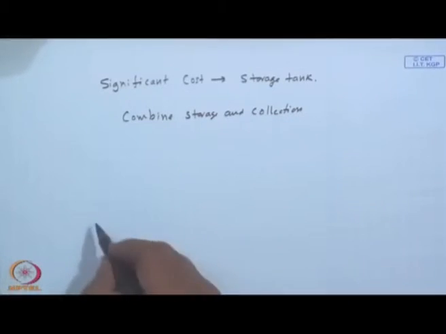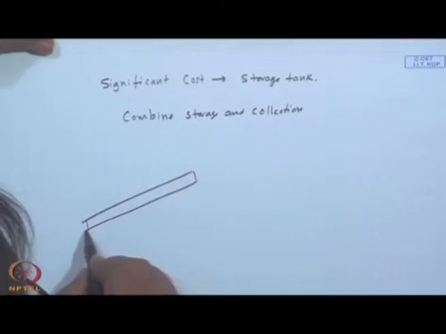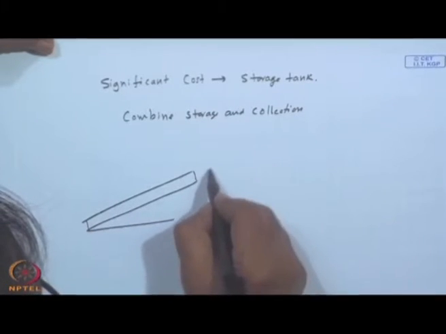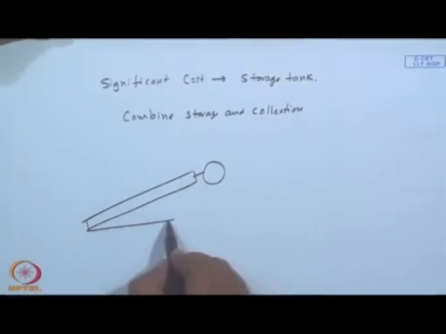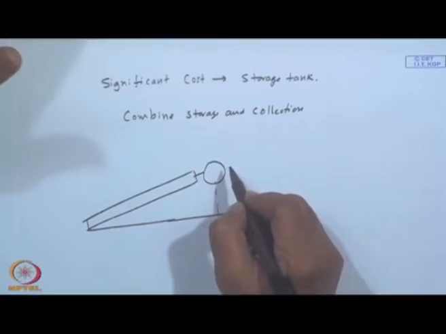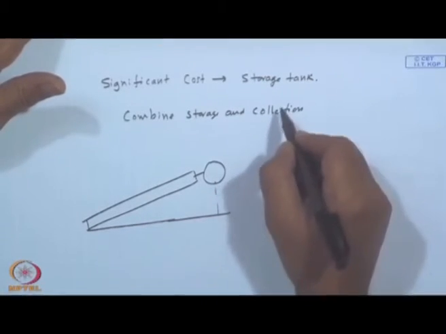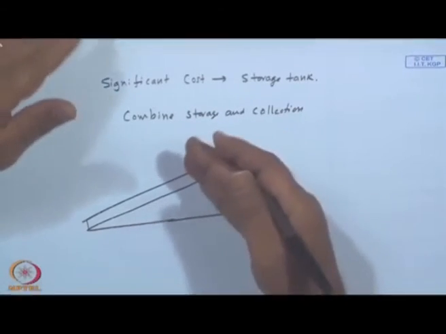Of course, some designs combine them with a tank joined to the collector. This is really not combining the storage and collection, only the tank is kept near the collector.